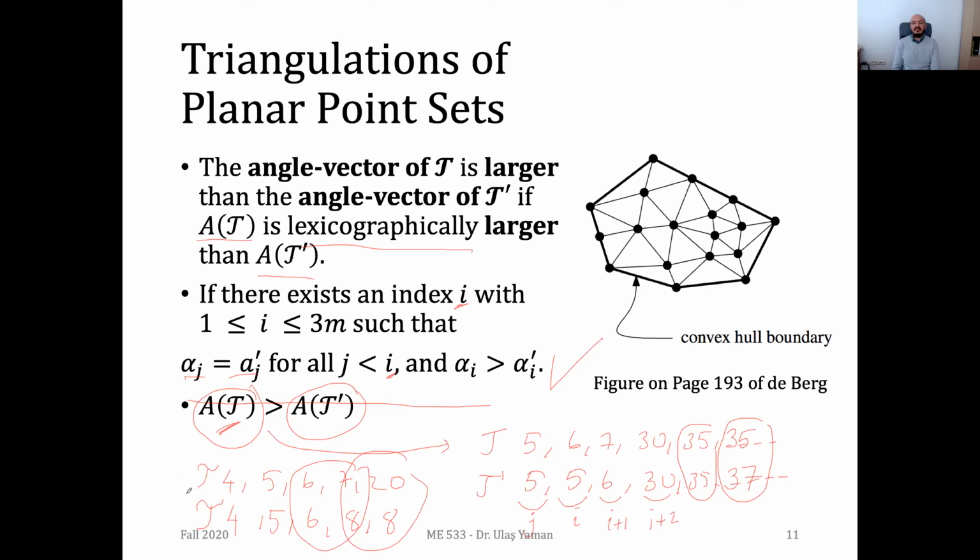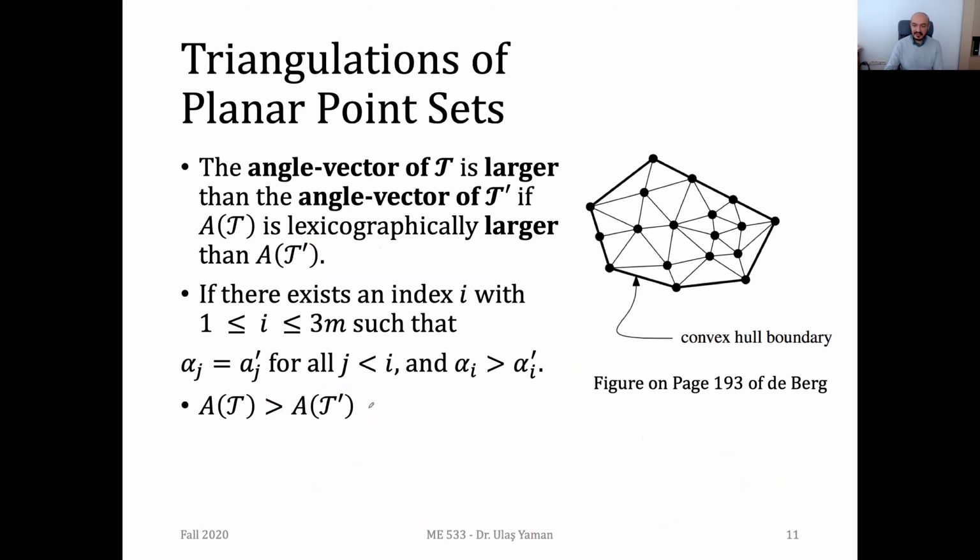But as I mentioned in our examples, we will not have such complicated cases. We will always have simpler ones, and you can simply state that one is larger than the other one in terms of angles. Any questions, guys? This might be a bit complicated. If you have questions, please feel free to ask.